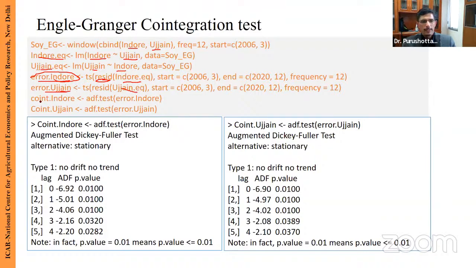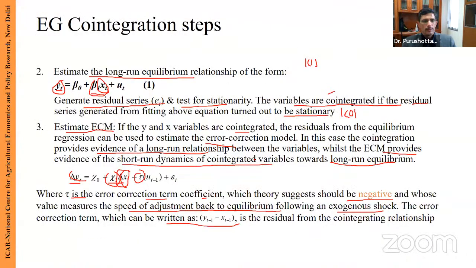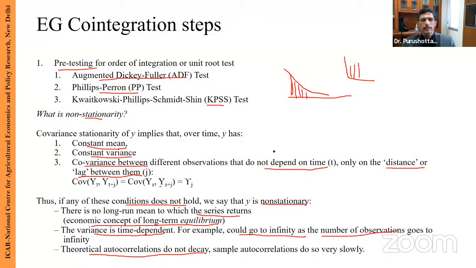Okay. And then cointegration, we have seen whether these are cointegrated. The result shows that these are cointegrated. As we have seen in our steps, we have pretested, estimated the long-run OLS regression.